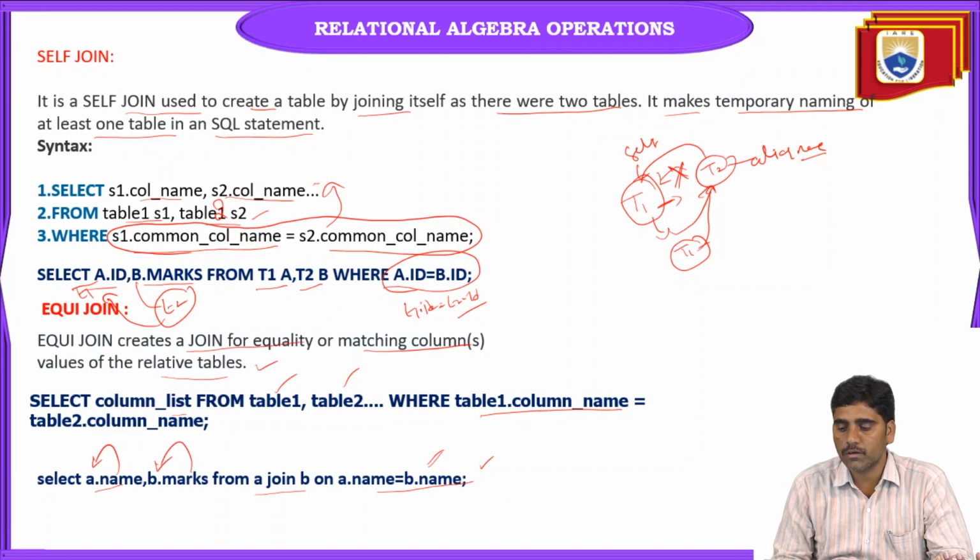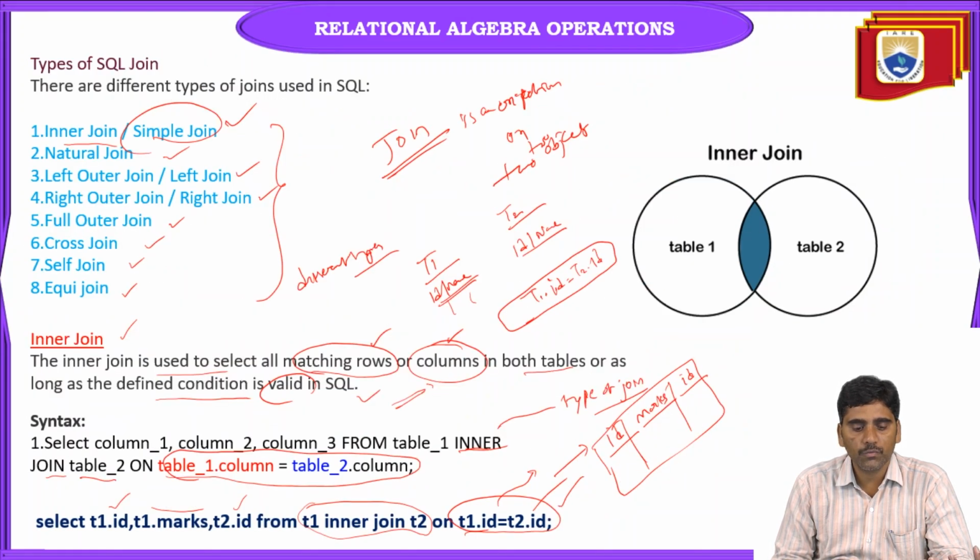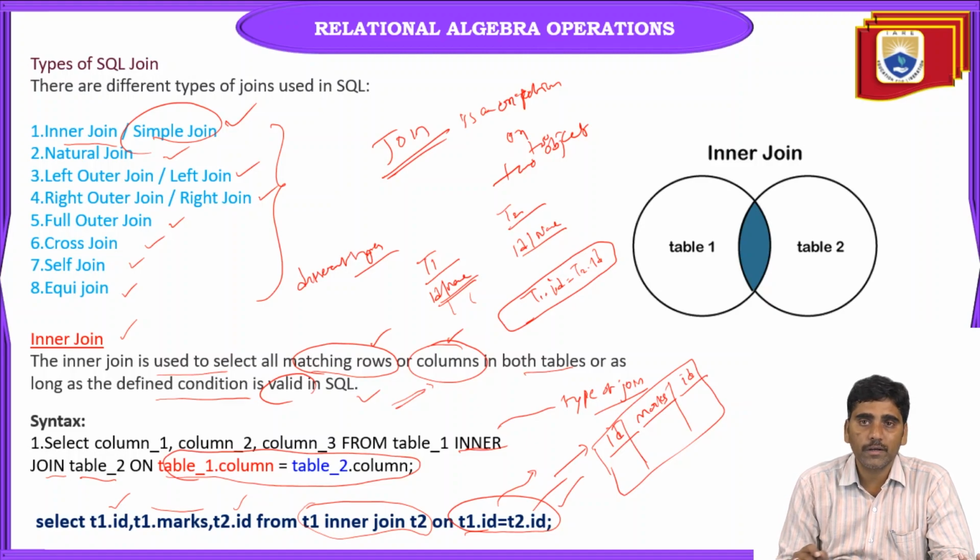Once again we'll revise the topics which we discussed in this session. What is meant by join actually? Join is a process of combining two or more tables, an operation performed on two or more tables. There are different types of joins.